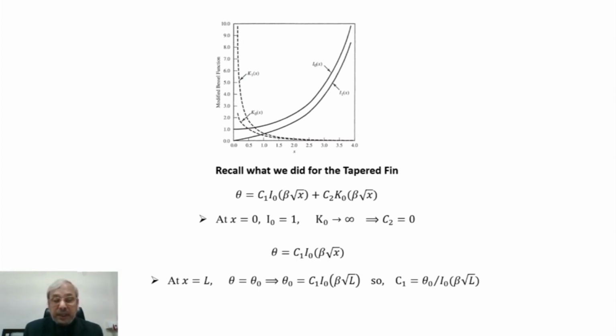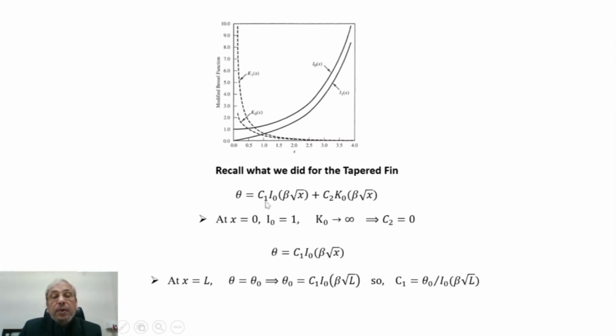I'm just recapitulating our last discussion with the tapered fin, where x was the independent variable, and for theta we got C1 I naught beta root x plus C2 K naught beta root x. We just recall what we did with the tapered fin.